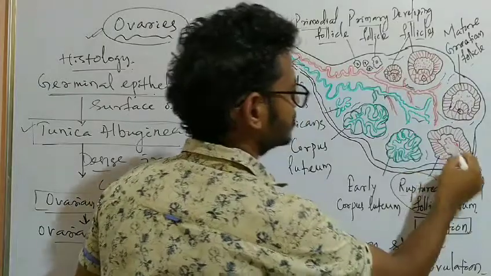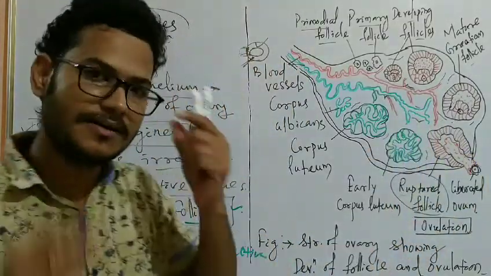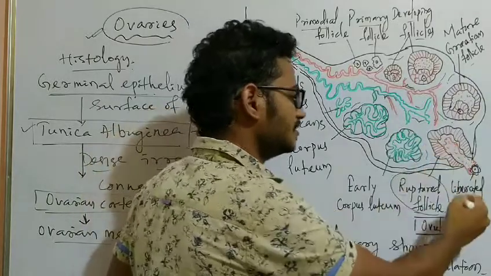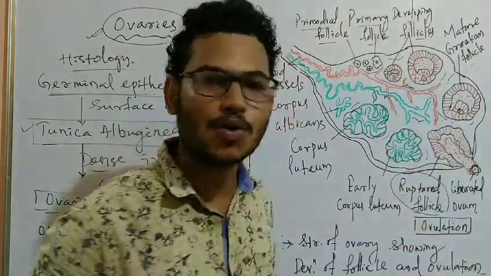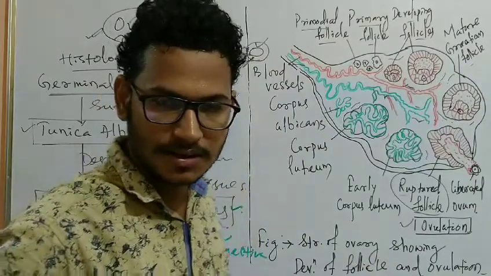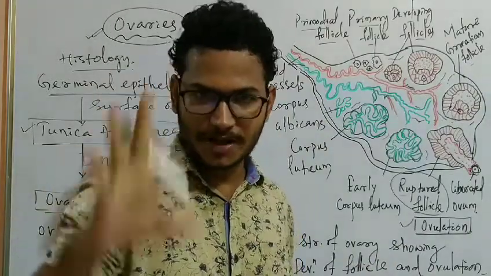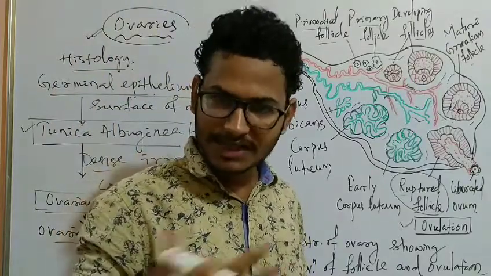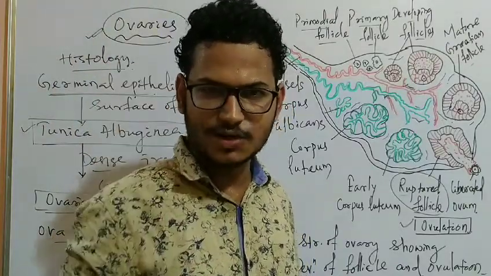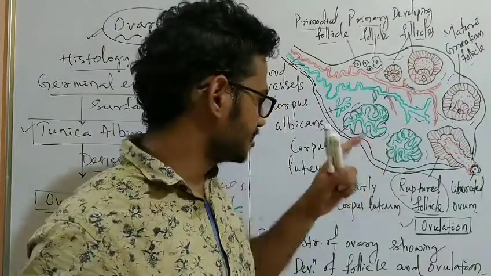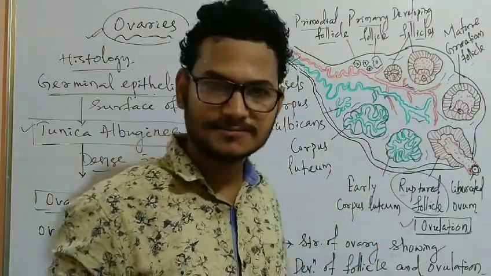So this is the structure of the ruptured mature Graafian follicle, from which the ovum is liberated, and we call the process ovulation. The process of rupture of the mature Graafian follicle to release the secondary oocyte to the outside is called ovulation.